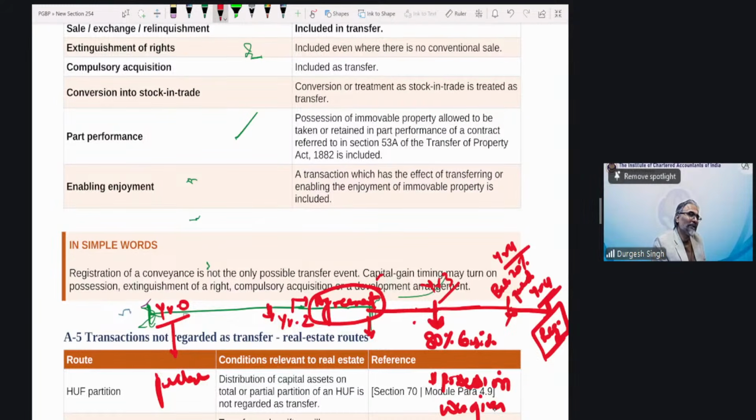By virtue of the possession, the assessee was entitled to something. What was that? Sir, is it leasing entitlement? Lease?